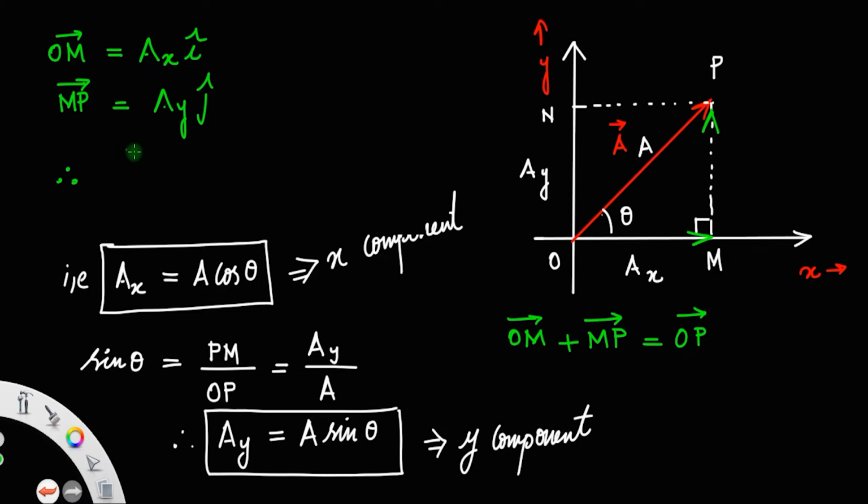Therefore, OM plus MP is equal to AX i plus AY j is equal to A. Therefore, vector A is equal to AX i plus AY j.